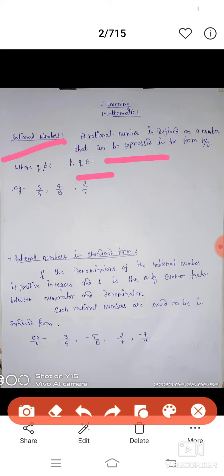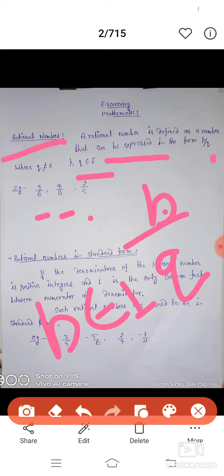For example, 3 upon 8, 4 upon 8, and 2 upon 5 are numbers which can be expressed in the form of p upon q, and p also belongs to integers. It can be either a positive integer or a negative integer.